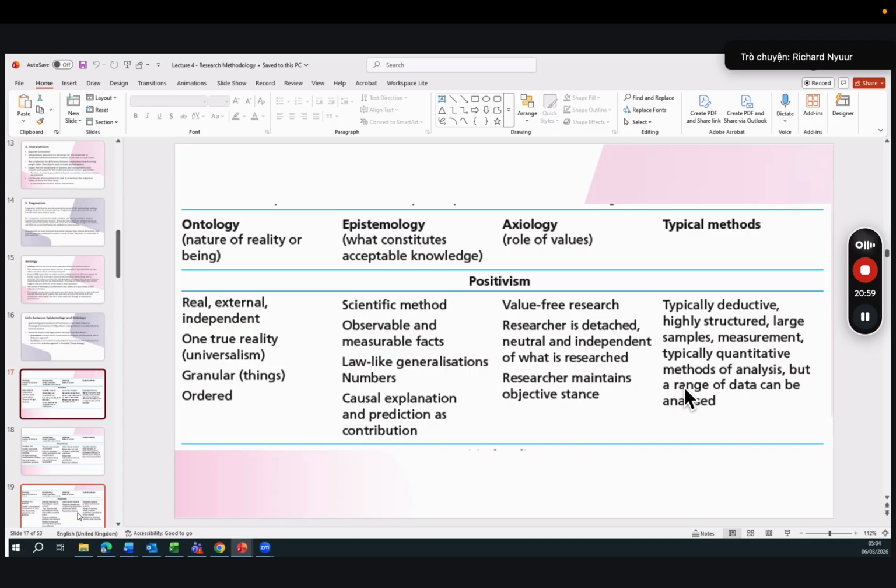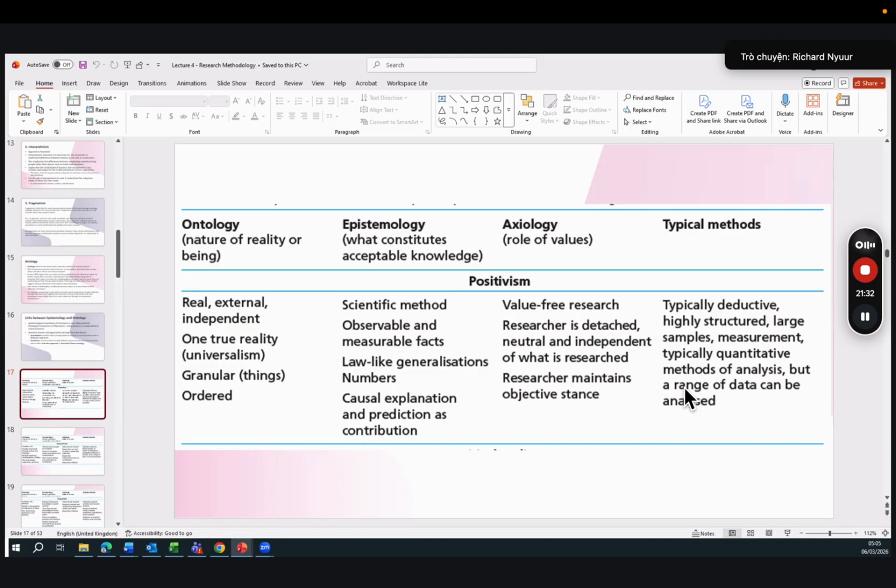So that is the objective aspect of it. In terms of the epistemology, the focus is either on scientific observation or where causal explanations are provided, where knowledge is generated and generalizable, and these explain the positivism aspects.